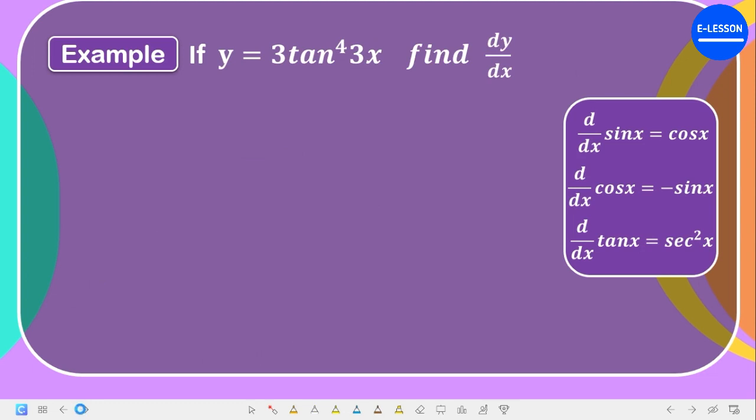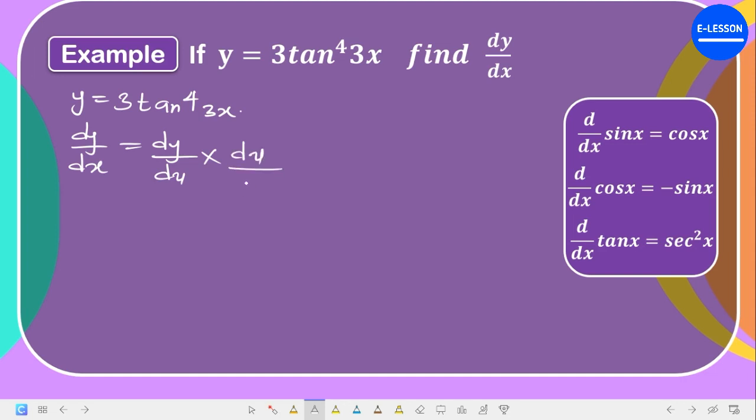Let's take the next question. Next question says y is equals to 3 tan to the power 4 of 3x. Now how do you solve this question? The best way to solve it, use the normal method, which says dy/dx is dy over du times du all over dx.